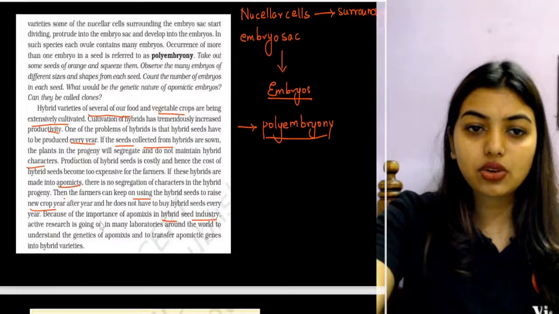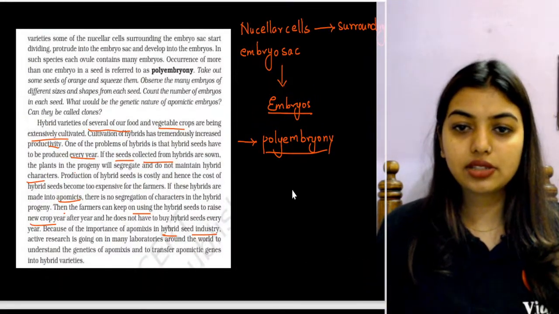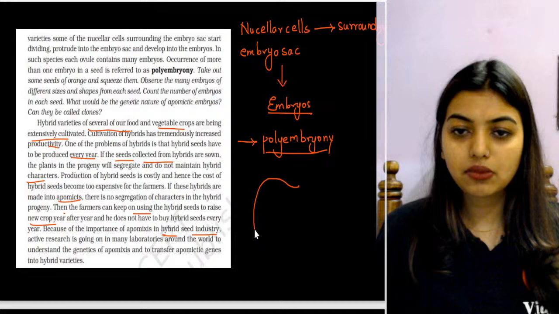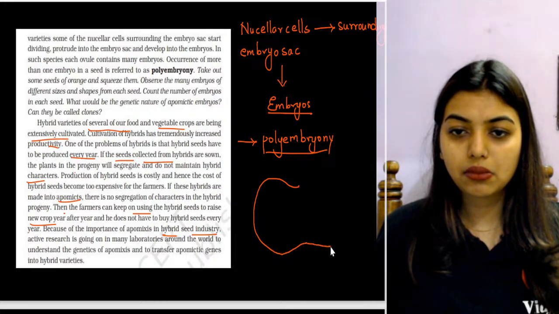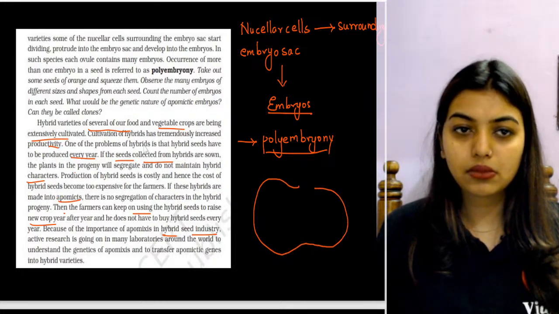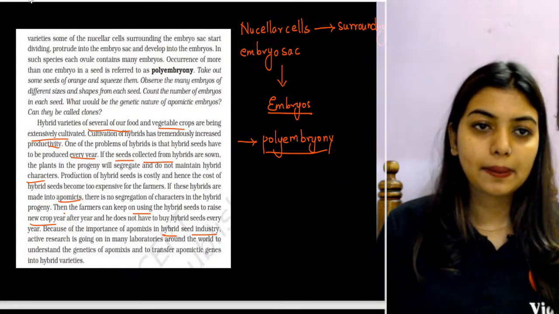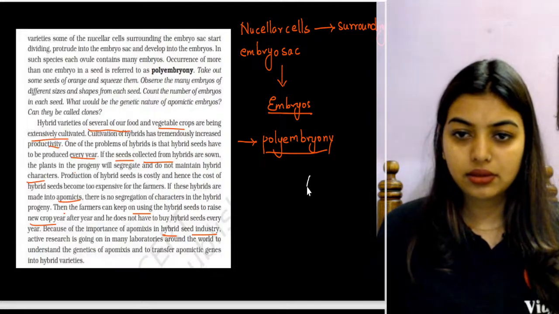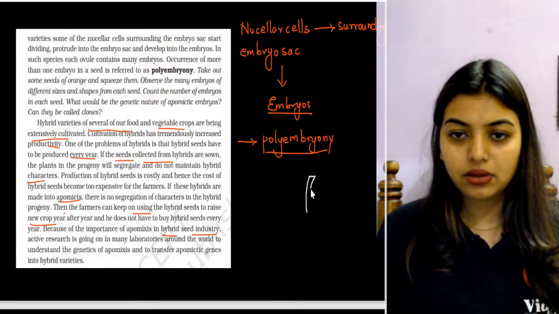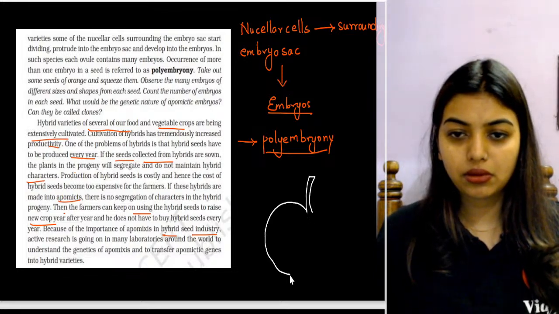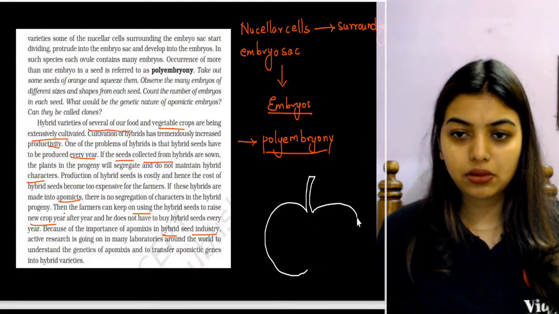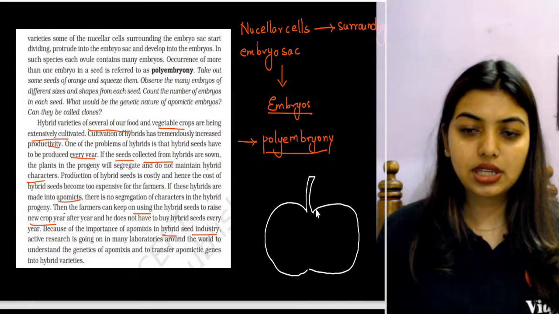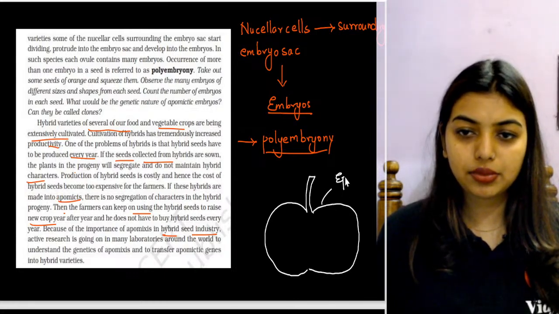Now students, if I draw a fruit here, you just tell me which are these layers. See, the first layer is going to be the epicarp.